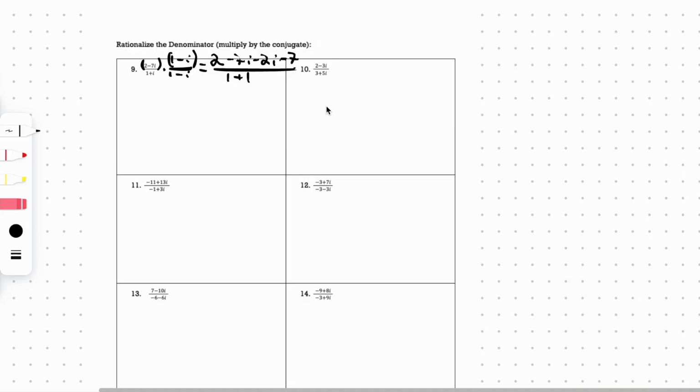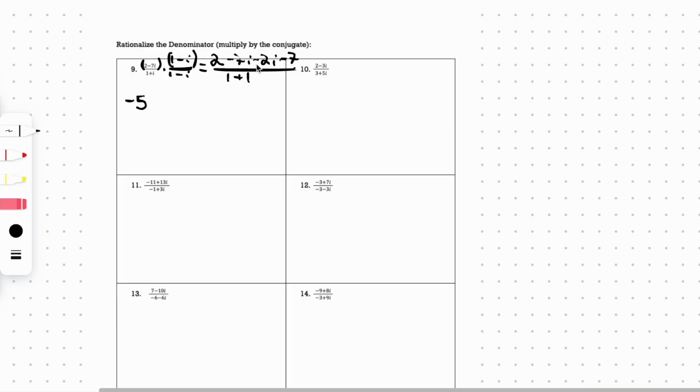Okay, right, I'm not accounting for that middle term because I know it's going to eventually cancel out. If I do 1 times i, we get positive i, and then we do negative i times 1, negative i. i minus i is 0, so we know that cancels out. Okay, so let's combine like terms up on this numerator. 2 minus 7 is going to be negative 5.